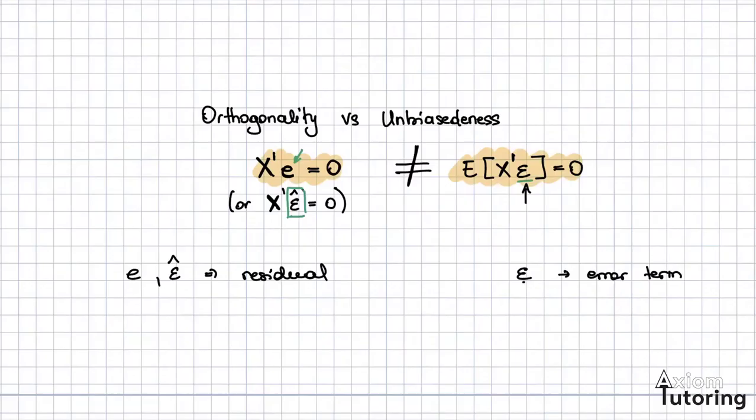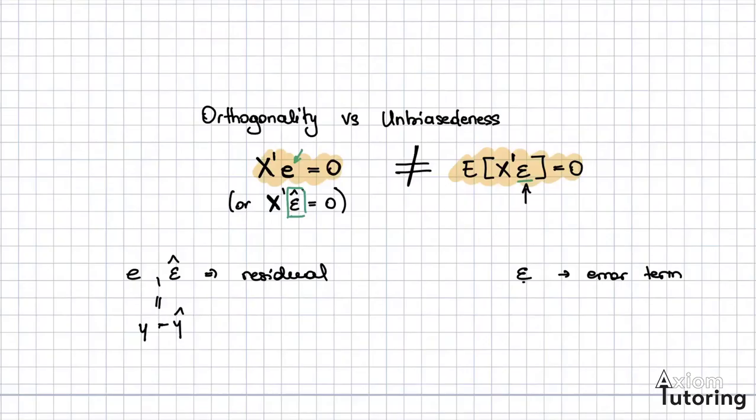I want to remind you again, the error term is generated from a data generating process, while the residual is literally the difference between your true observations and any predictions that you make. So it's something that can be calculated, while the error term is something that cannot be calculated. Looking similar, completely different jobs.